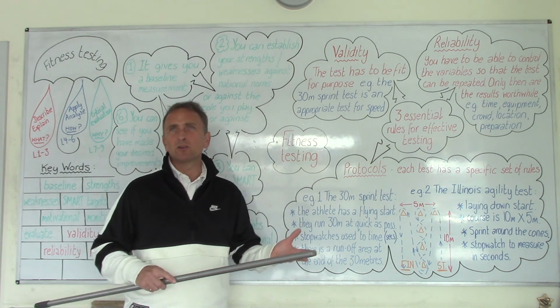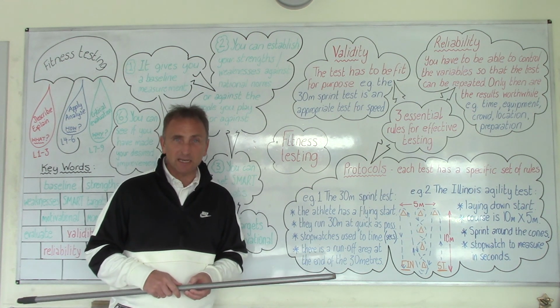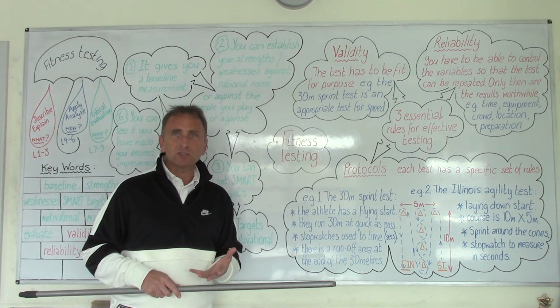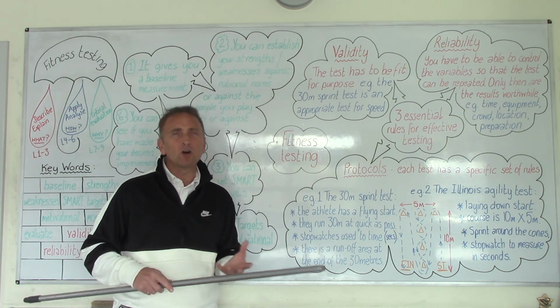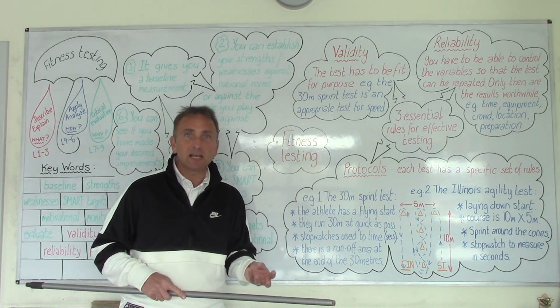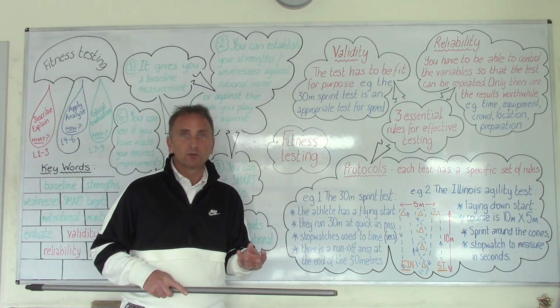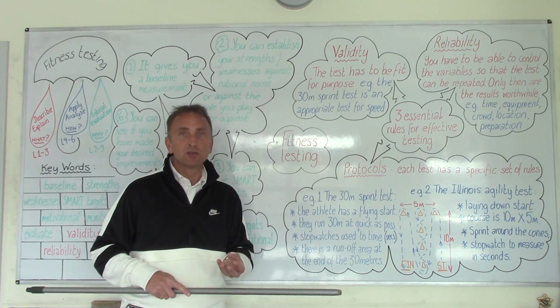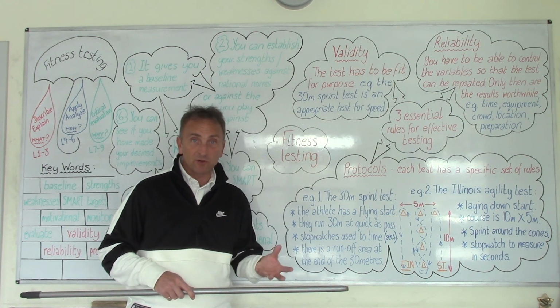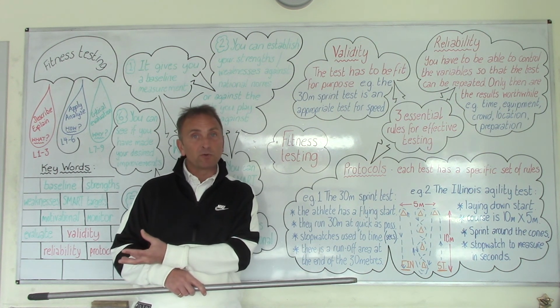So if I was doing maybe the multi-stage fitness test to measure my cardiovascular endurance, the variables I would want to control would include things like: I'd have to do the test in the same sports hall, the same time of day, using the same stopwatches, running either on my own as I did the first time, or running with the same group of people.